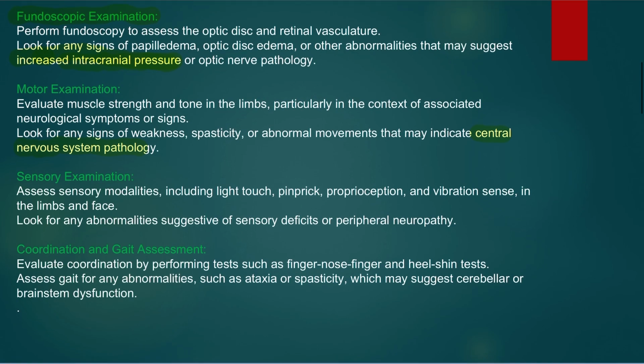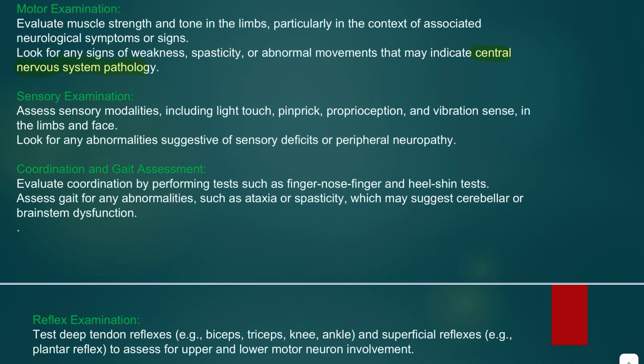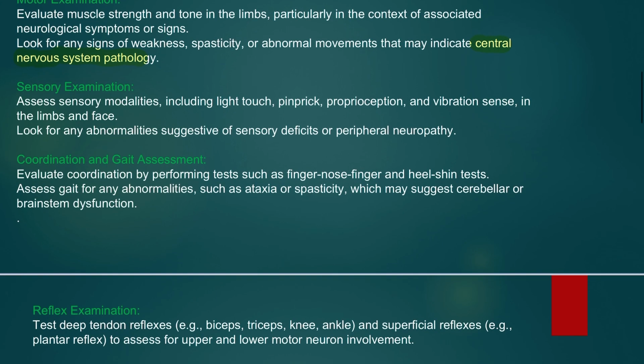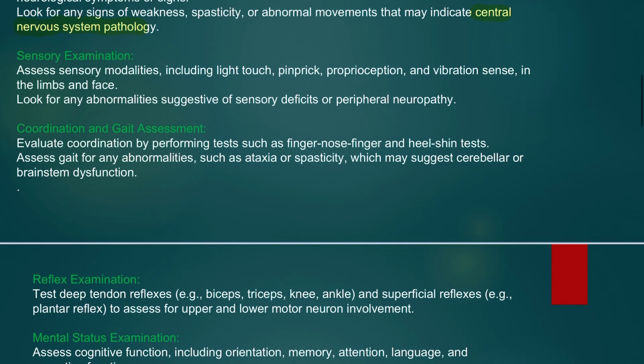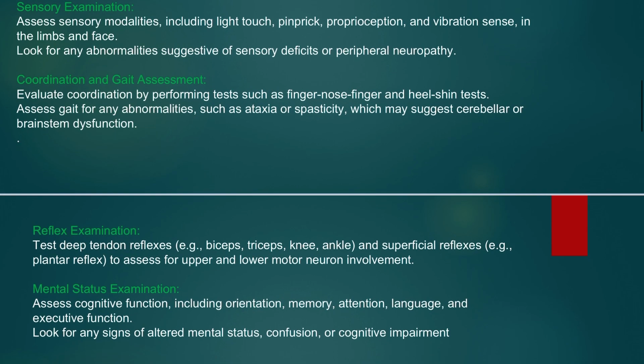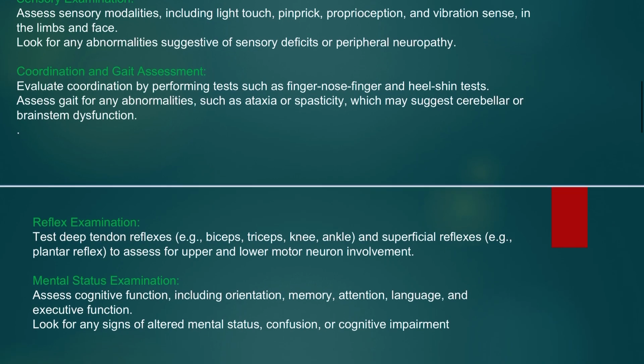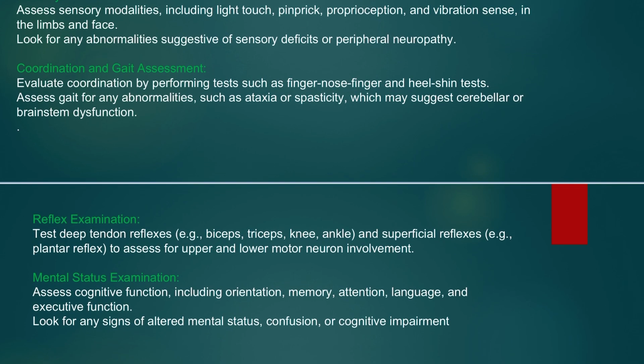You're going to do the sensory examination as well, so assess the sensory modalities including light touch, pinprick, proprioception and vibration sense in the limbs and face, and look for any abnormalities suggestive of sensory deficit or peripheral neuropathy. Coordination and gait assessment: evaluate coordination by performing tests such as finger-nose and heel-shin tests, and assess the gait for any abnormalities such as ataxia or spasticity, which may suggest cerebellar or brainstem dysfunction.